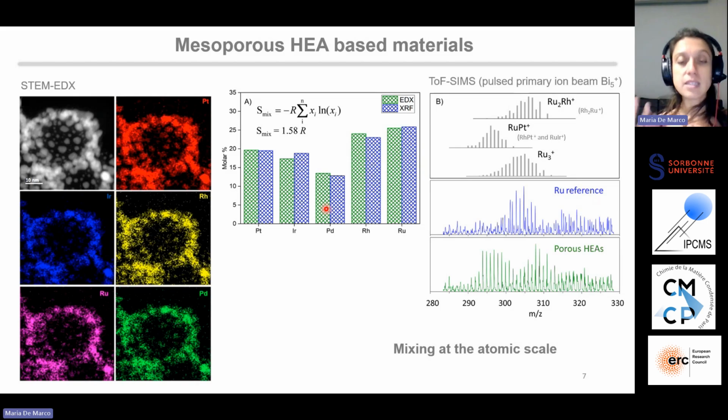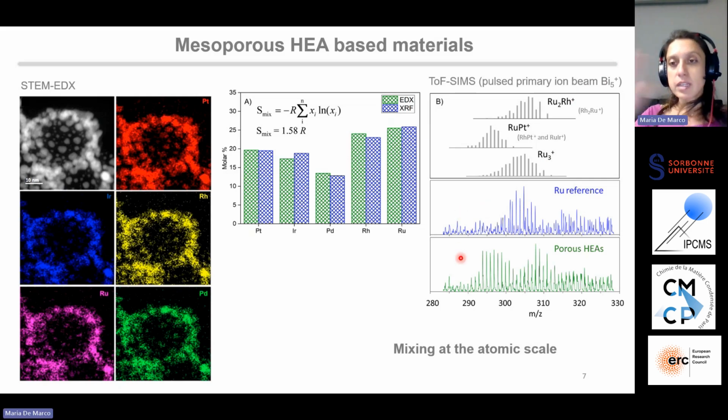In order to understand if all the metals are actually mixed at the atomic scale within our porous high-entropy alloy, we also performed time-of-flight secondary ion mass spectrometry. In this technique, a primary ion beam of pentabismuth ions that you can see here is used to produce secondary ions from our multimetallic alloys.